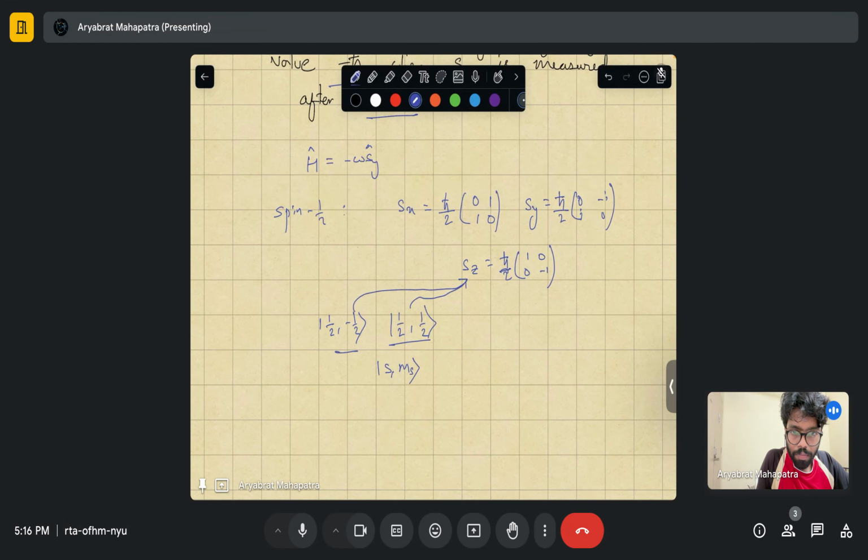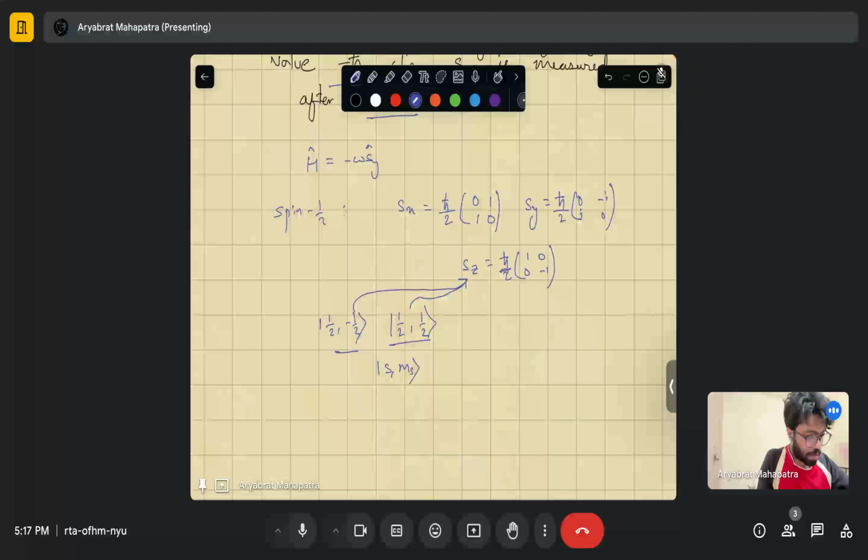So you're trying to write the spin eigenstate in terms of a superposition of the Pauli matrices.